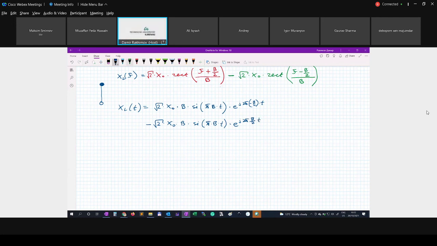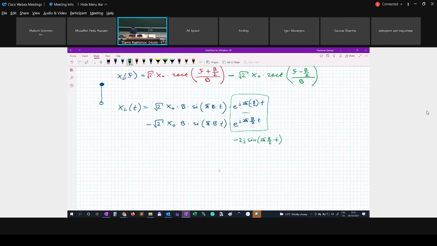Once again, we have these two exponential functions, and we have minus between them. We can say that this difference between two exponential functions is nothing else but minus 2j sine 2 pi B by 2 times t.